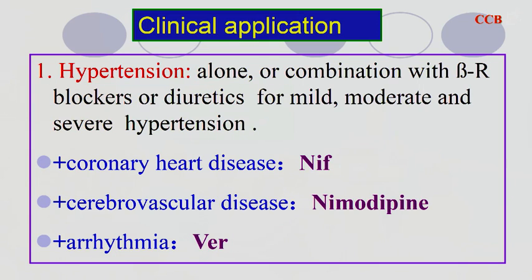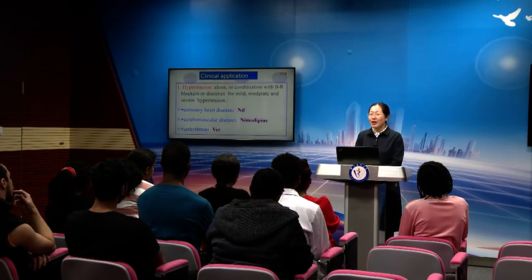CCB, beta receptor blocker, diuretics, and so on. Which kind of drugs? CCB. Because just now we mentioned calcium channel blockers have higher sensitivity on coronary vessels, and they are also used to treat cerebrovascular disease with hypertension.